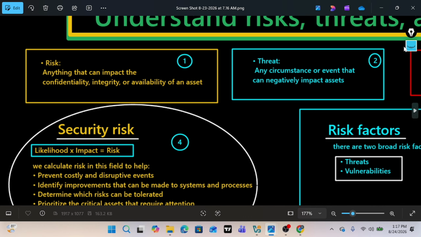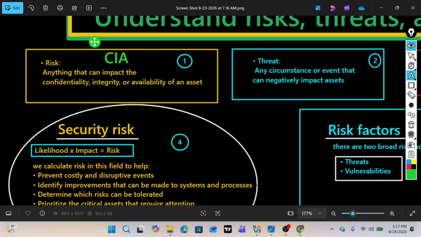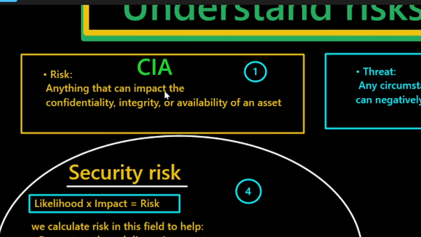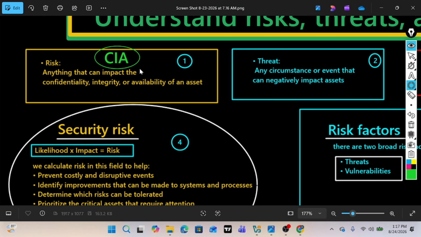We know that our major goal in cybersecurity, I used to ask myself, what is the aim of cybersecurity? It is CIA. That is the aim of cybersecurity. At the end, why are we here in this field of cybersecurity? It is just to maintain the confidentiality, the availability, and the integrity of information, or of assets, or of data.